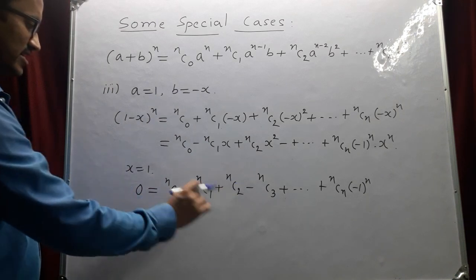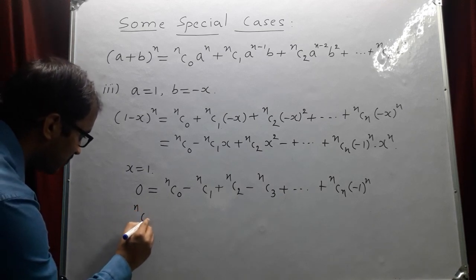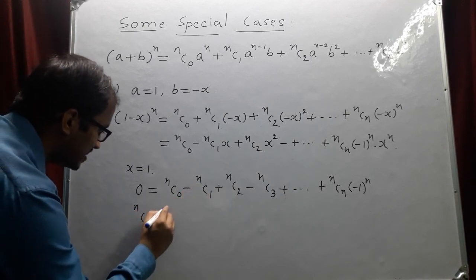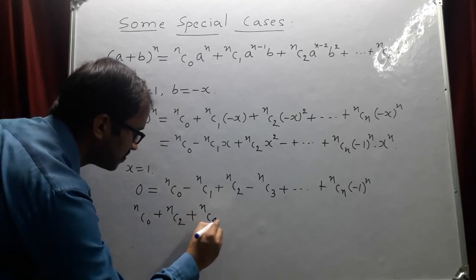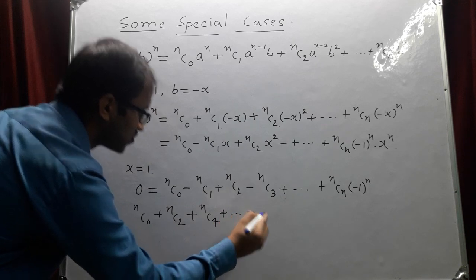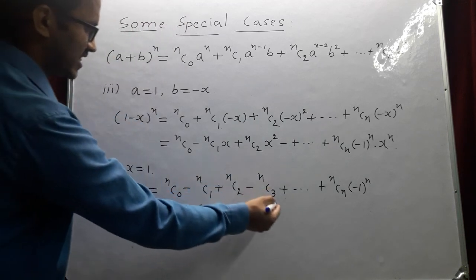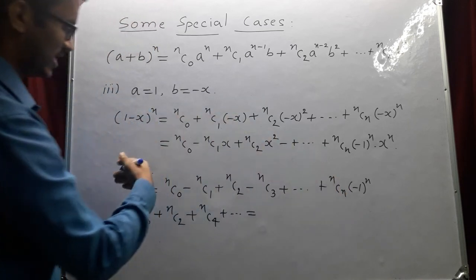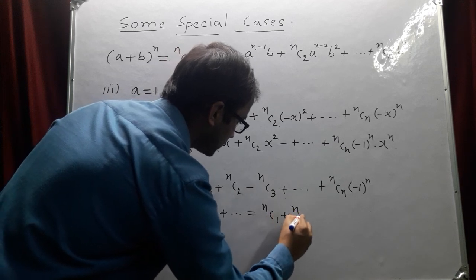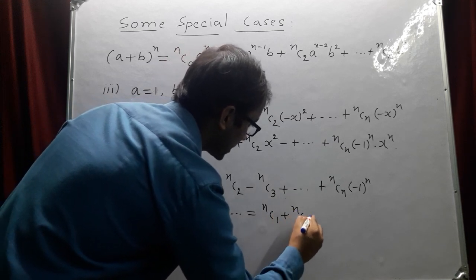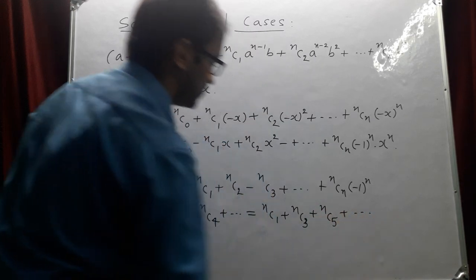So if you rewrite this, what can we write? nC0 plus nC2 plus nC4 and so on is equal to, if you take nC1, nC3, nC5 to the other side, nC1 plus nC3 plus nC5 plus and so on.